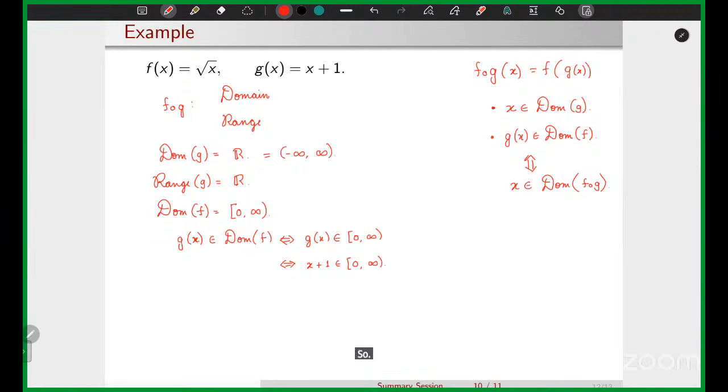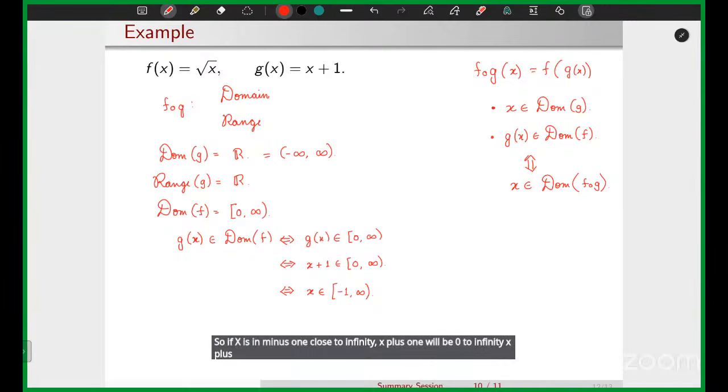So when would x plus 1 be in 0 to infinity? When x is in -1 to infinity. So if x is in closed -1 to infinity, x plus 1, which is g of x, will be in 0 to infinity. So then I can do f of g of x.